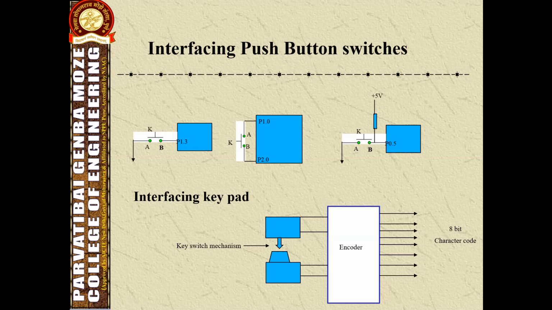By reading the state of the port pin, we can determine whether the push button is pressed or not. If pressed, there will be a flow of current from the port pin to ground. Otherwise, if the push button is not pressed, there is no current flow to the ground.